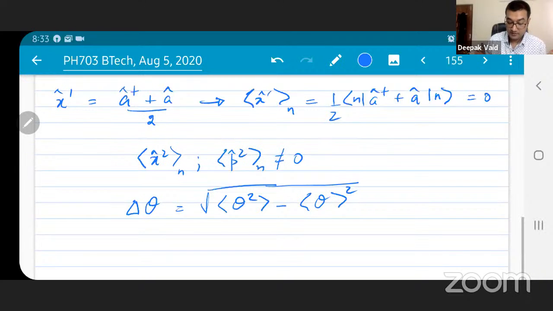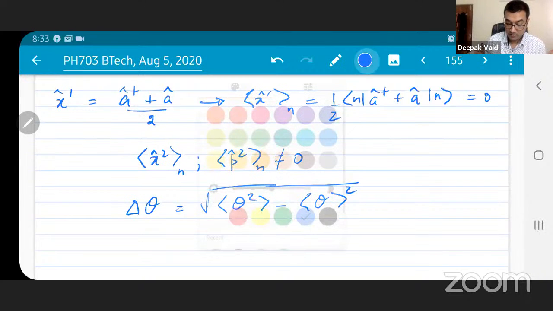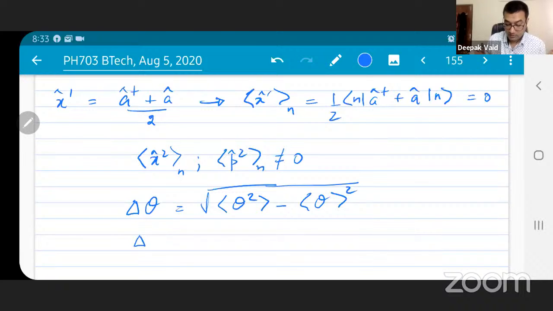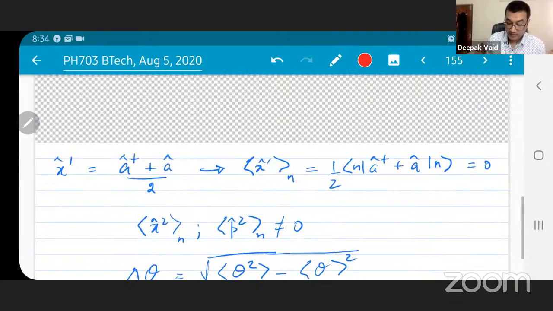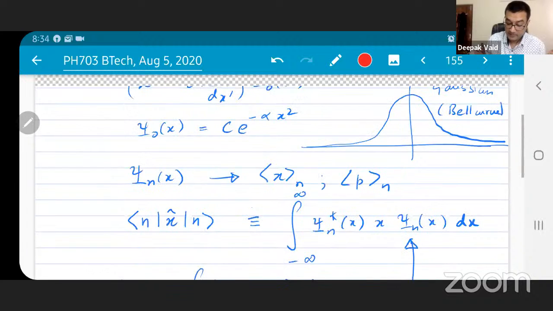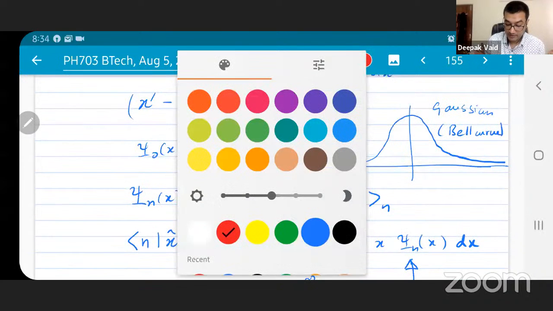And so for the position operator, for instance, this becomes the mean of x squared minus the square of the mean of x. And the mean of x is 0, right? And if you calculate the expectation value of x squared, what will you get?